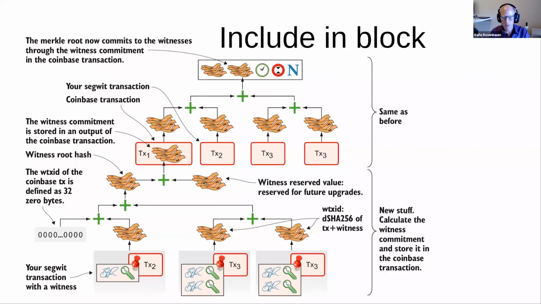But this is, let's just say, a constant hash. So you concatenate these two hashes and hash them, and you get something called a witness commitment, which is stored in the output of the Coinbase transaction. And in that way, this hash up here will commit to the witness commitment, which in turn commits to all the witness transactions down here.